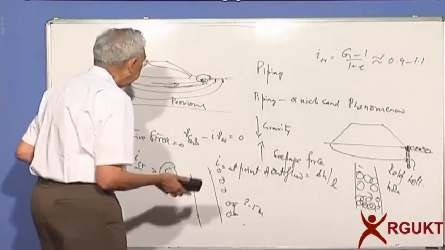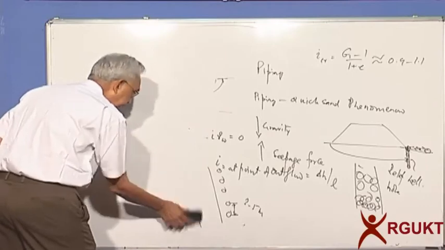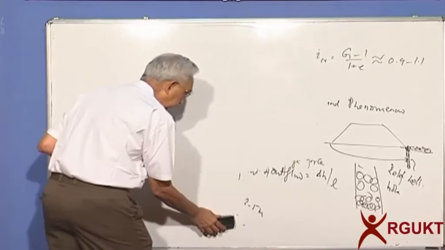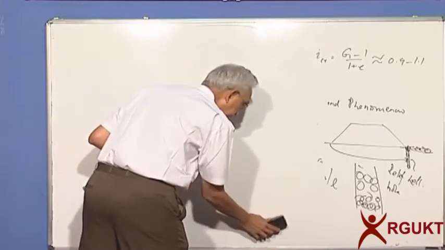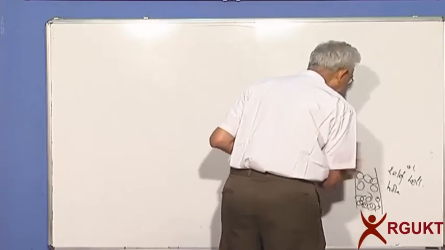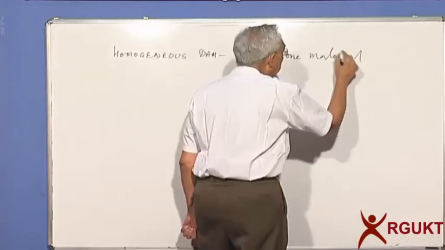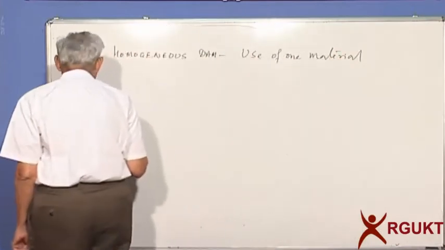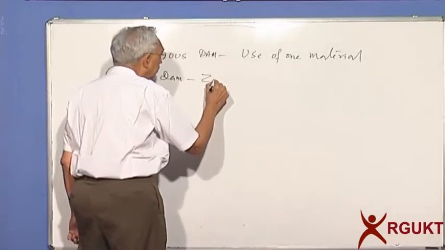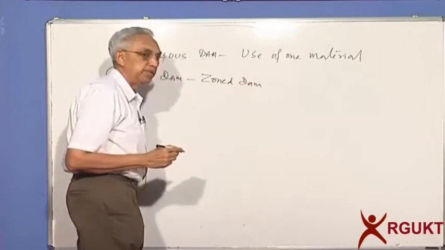So we have now looked at the different situations wherein you have an embankment to store water. Suppose we don't have enough good material which will prevent flow through, then instead of a homogeneous dam, use of only one material, we use what is called a composite dam, or a zoned dam, where you have two different materials.